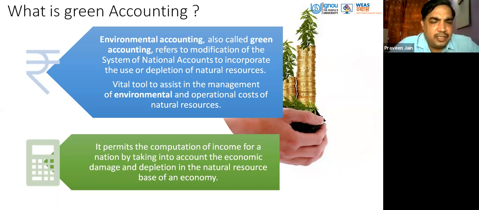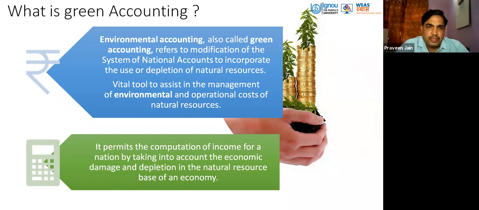So again, we can define green accounting in a systematic manner. It is also called environmental accounting, and basically refers to the modification of the system of national accounts to incorporate the use and depletion of natural resources. It is a vital tool to assist in the management of the environmental and operational cost of natural resources.